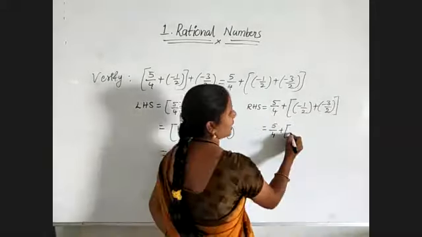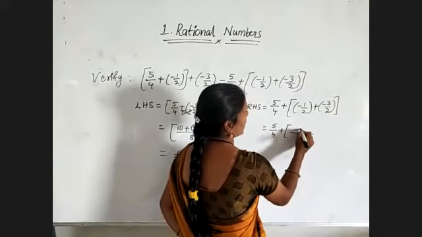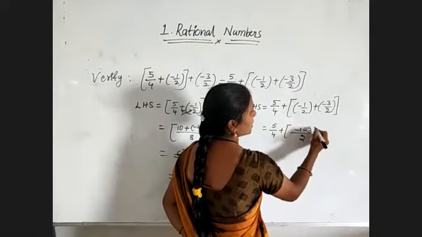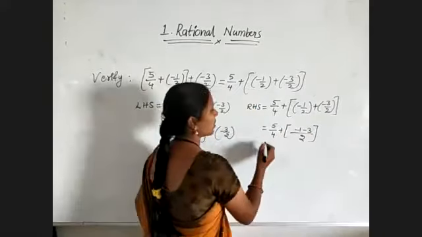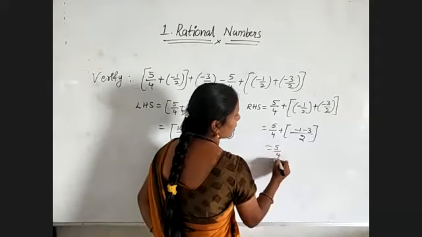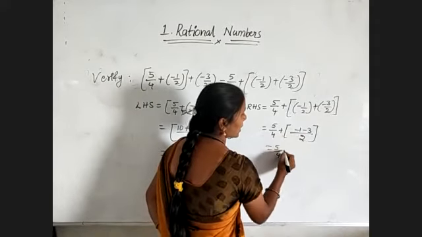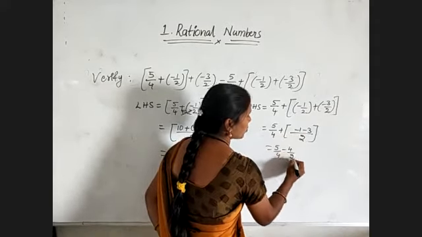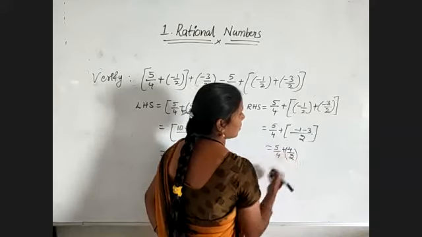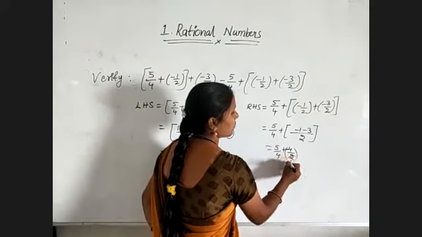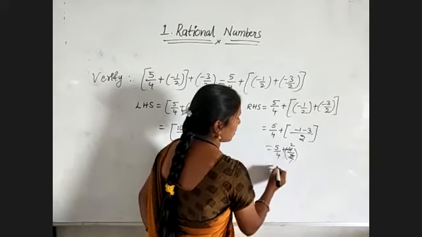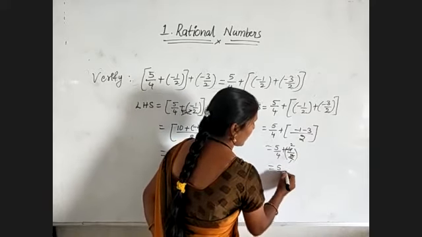So take the common denominator 2, numerator minus 1 and minus 3. Just add the numerators. So which is equal to 5 by 4 plus of minus 1 minus 3, minus 4 by 2. Now 2 1s are 2, 2 2s are 4. So 5 by 4 minus 2.